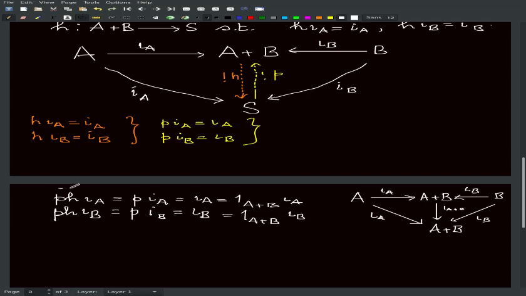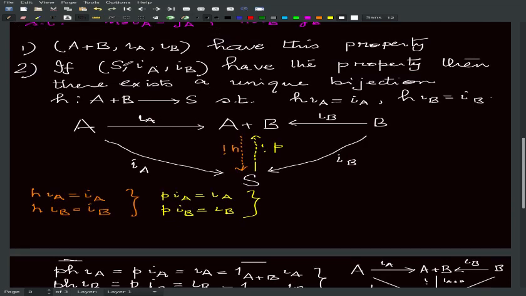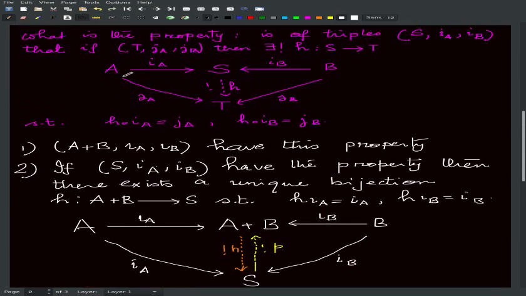Now look into this part. You have two things, P H and 1 A plus B. So from this uniqueness, it implies that P H is 1 A plus B. And the same story again, because this triple also has this property which says that whenever you have any such thing, then there is a unique way to come from here.